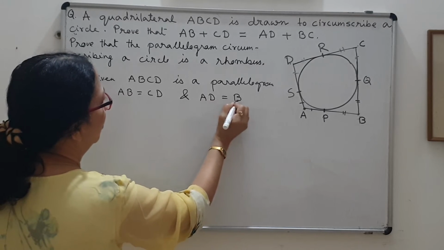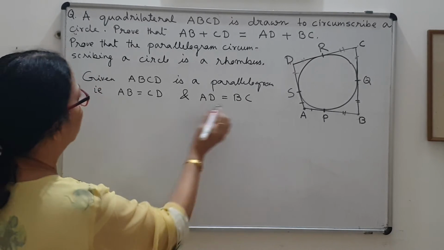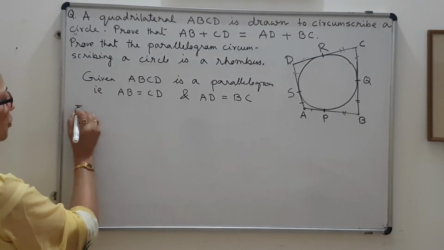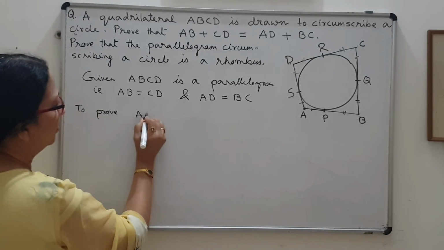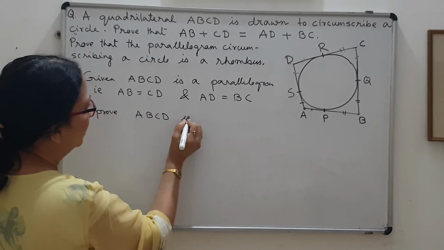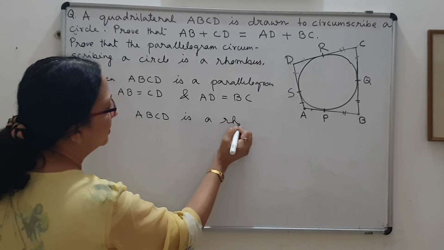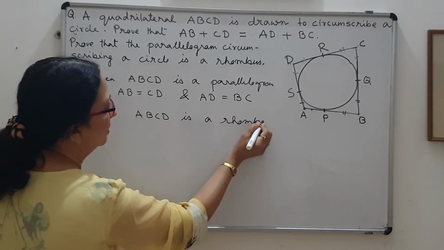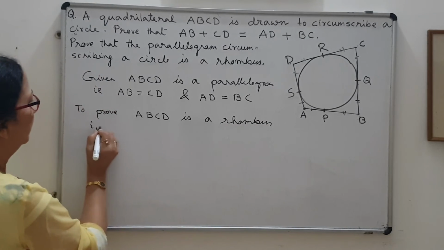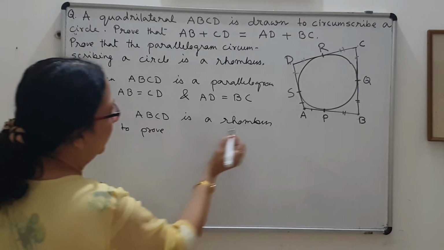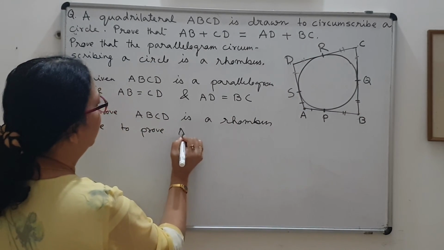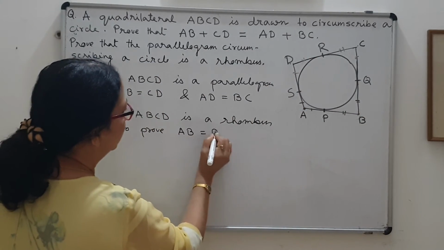These are given to us, and to prove: ABCD is a rhombus. That is, to prove AB is equal to BC.